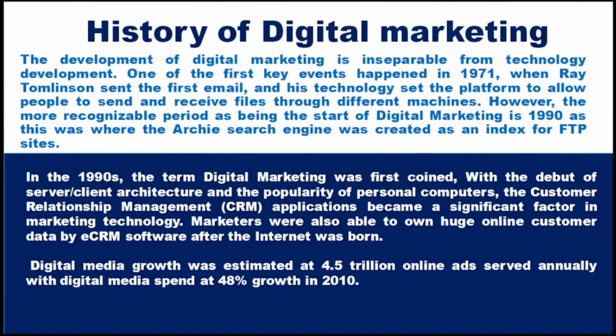So then let's move to the next one, which is the history of digital marketing. I hope with that little definition I gave, you can decode what digital marketing is really about.